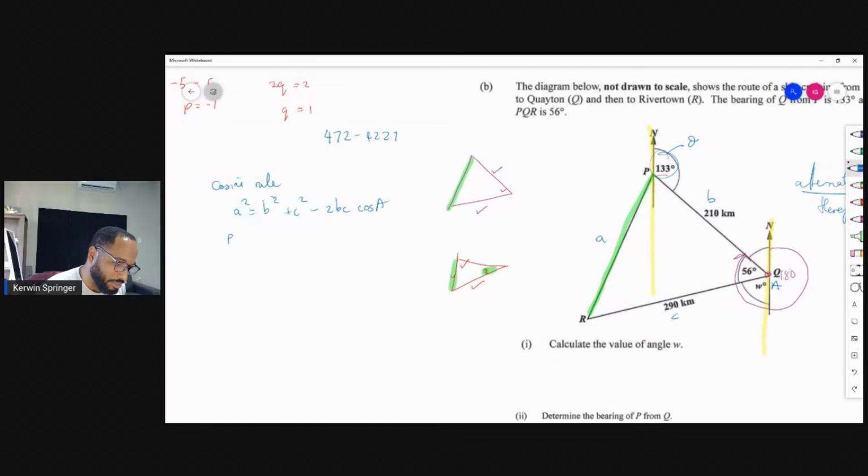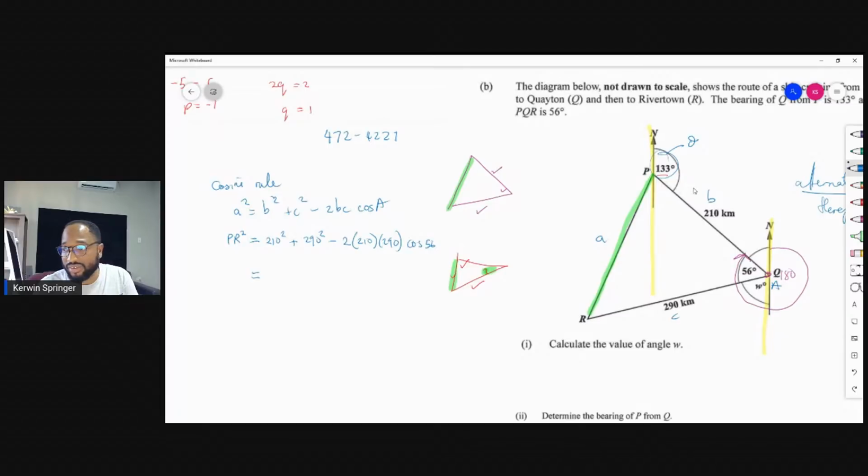I could label it PR if that makes you comfortable. PR squared is equal to 210 squared plus 290 squared minus 2 by 210 by 290 cos of 56, the angle sandwiched in between there. We put this whole thing on your calculator and then find the square root of it.